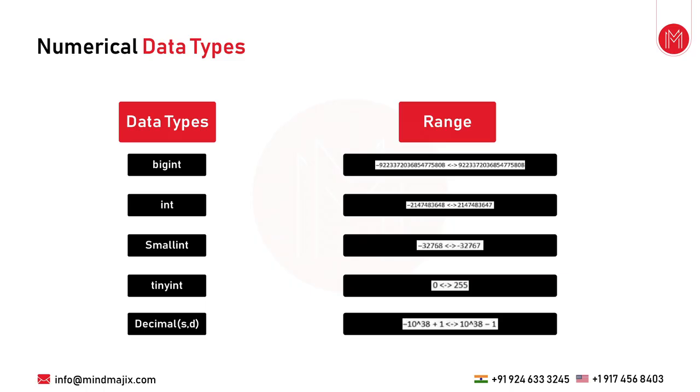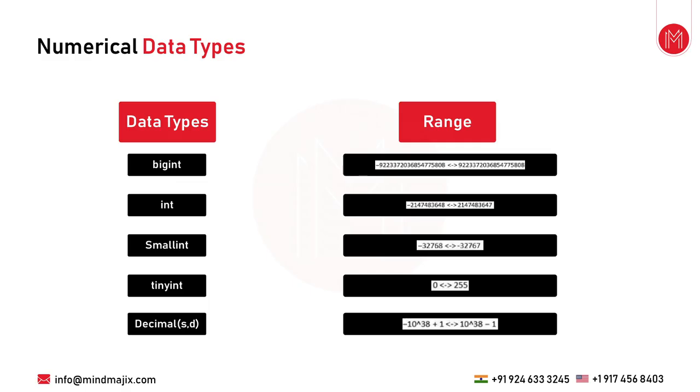Now, if you remember, in the initial classes of SQL I was discussing the concept of data types, where I defined the range for each data type. Each data type, such as bigint, has a particular capacity of values that it can hold. For example, int has a specific range of data it can hold. Smallint, tinyint, and decimal also each support a specific range.